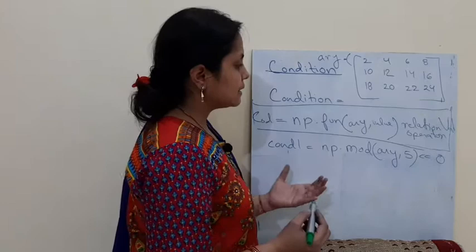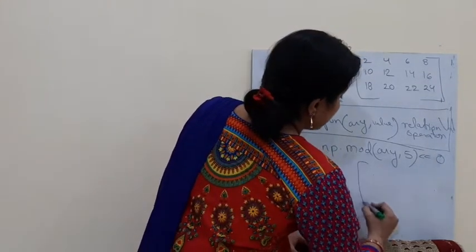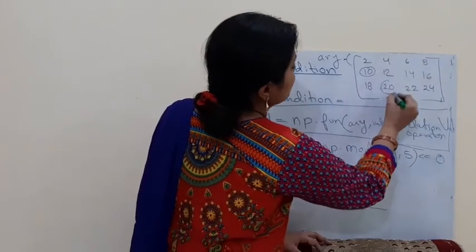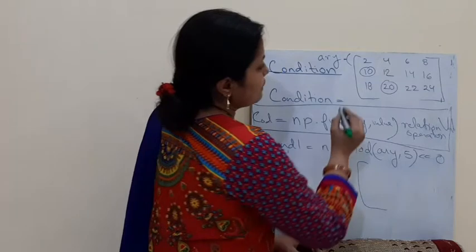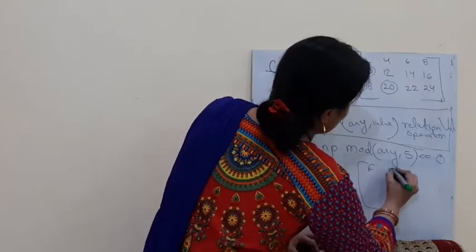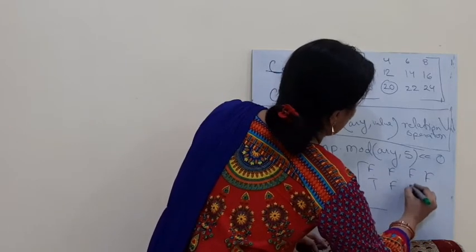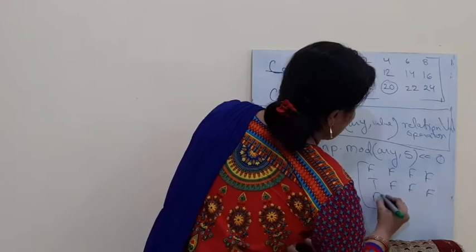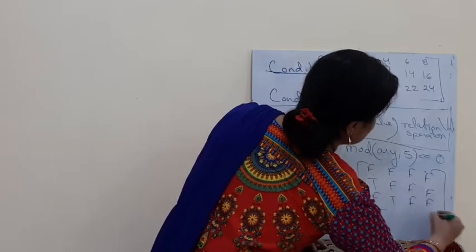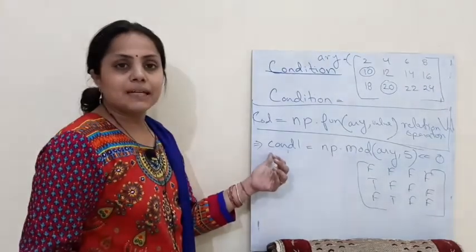The output of this statement will be an array of true and false. You can see this condition is true at 2 points. Leaving these 2 points, every other place will be false: false, false, false, false, true, false, false, false, false, true, false and false. This is the output after this statement.